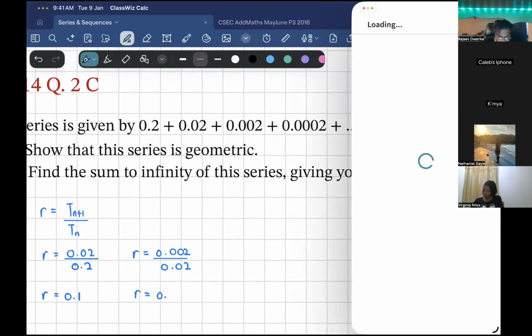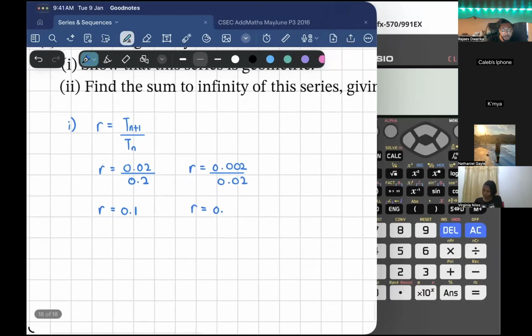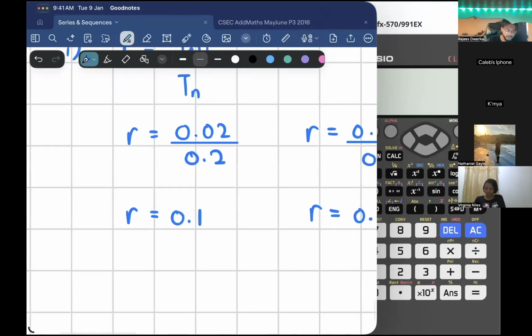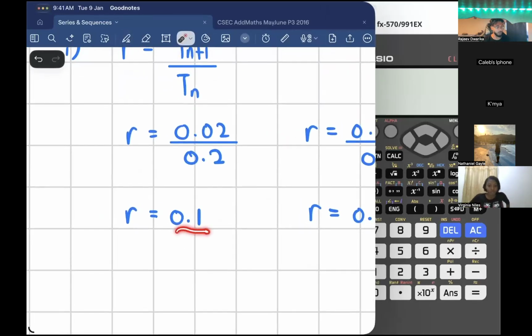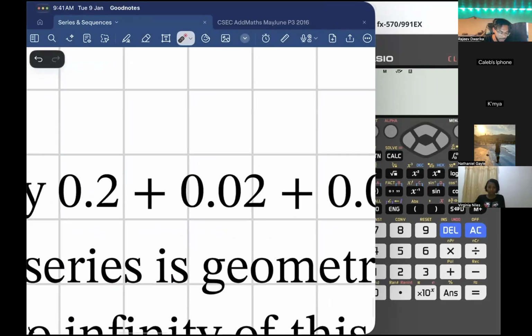If you look at it from a decimal standpoint, if you multiply something by 0.1, the decimal place is going to shift one space to the left, isn't that what's happening here? Over here the decimal place is here, and over here it's 0.02.